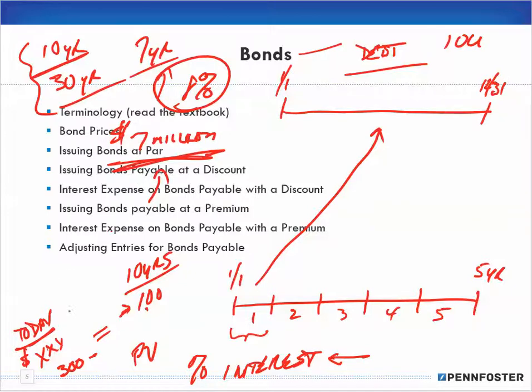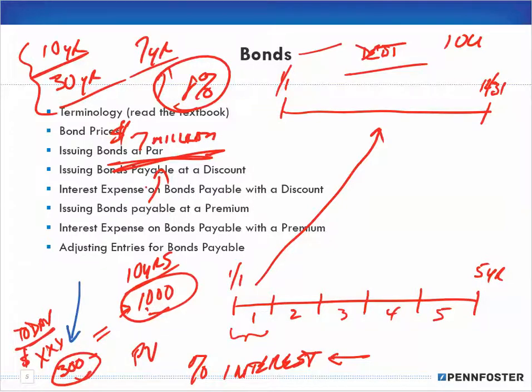Now, remember, you're going to be buying that bond at today's present value. So even though the maturity value is going to be $1,000, they're not going to get the $1,000 today. They're only going to get $300.